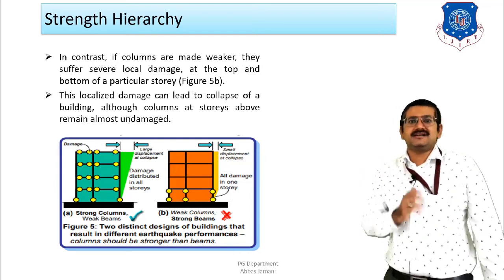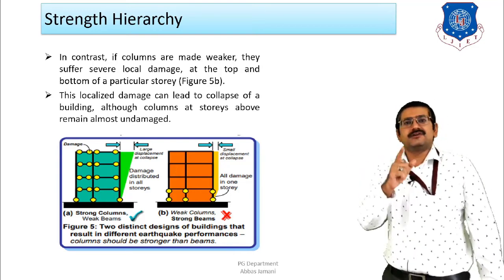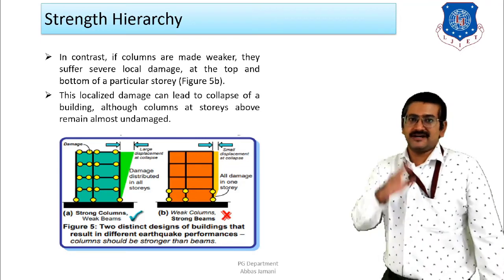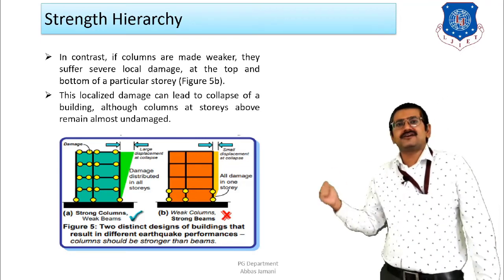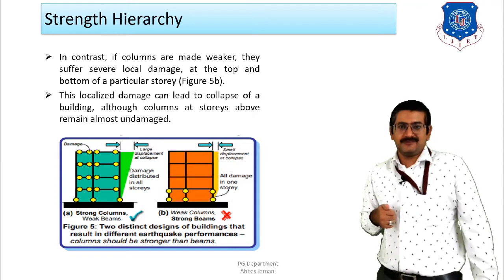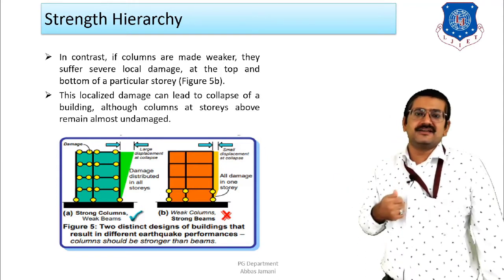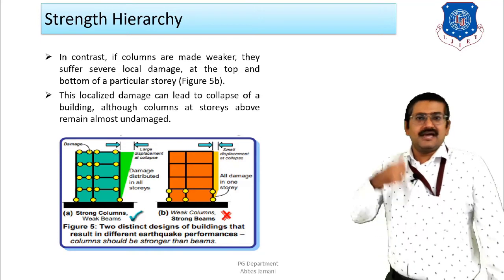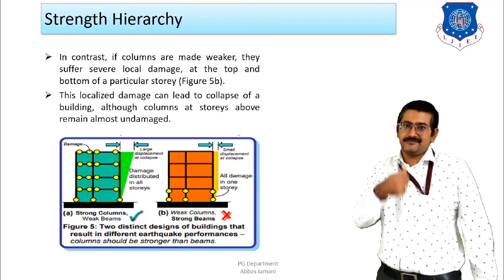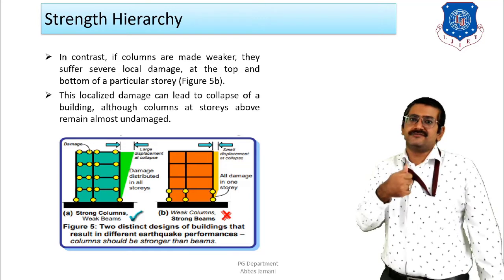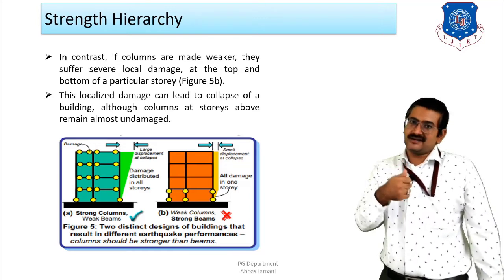Structural and non-structural damage is also likely, but total collapse of the building is not possible, or it can be avoided. But if the weak column strong beam theory is applied, then the total collapse of the building is likely to be possible. And if total collapse of the building is happening, then it is against the design philosophy that is suggested by IS 1893.